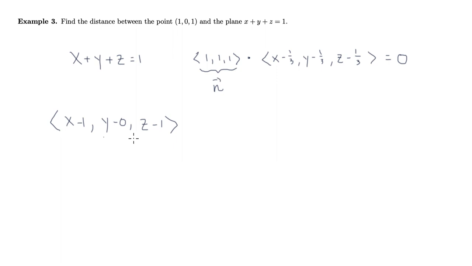So this is going to be any vector starting from the point (1, 0, 1). But we have this relationship, x plus y plus z is equal to 1.